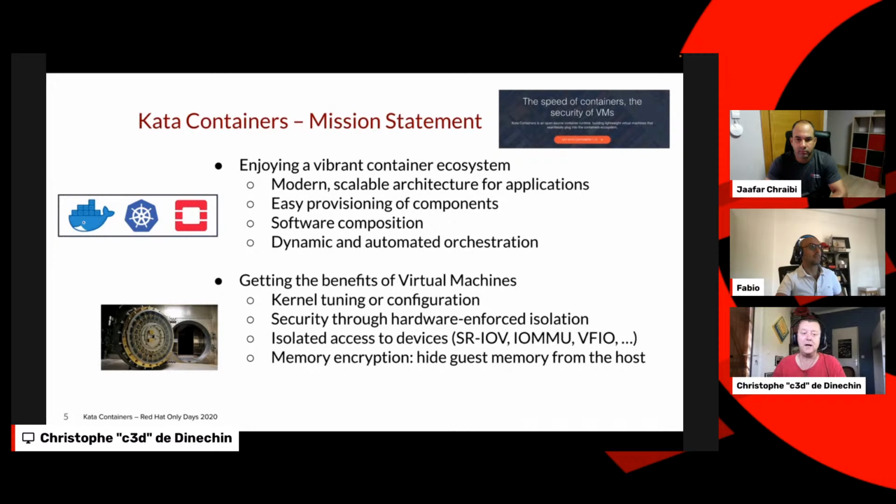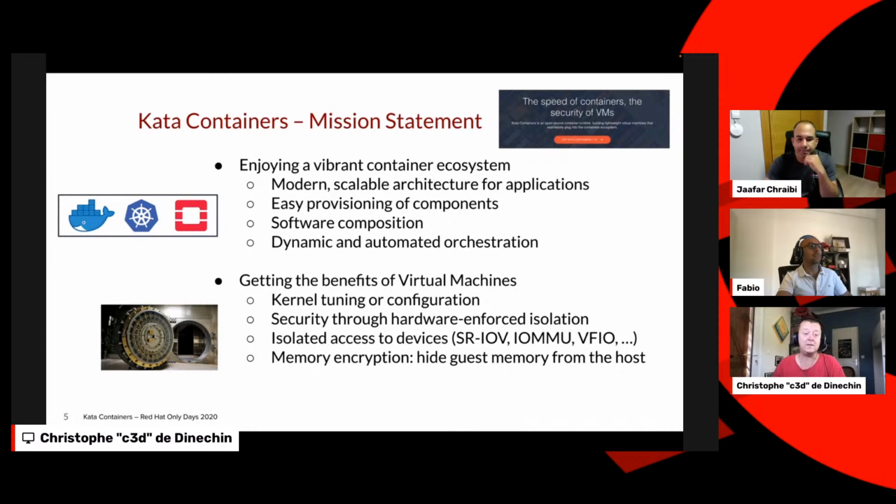In a recent coffee break about Tekton, there was this idea that you can really automate practically anything with OpenShift, and I think that's very true. But at the same time, we want to get some of the benefits of virtual machines, and that includes kernel tuning, configuration, hardware-enforced isolation with things like the IOMMU, etc., and isolated access to devices.